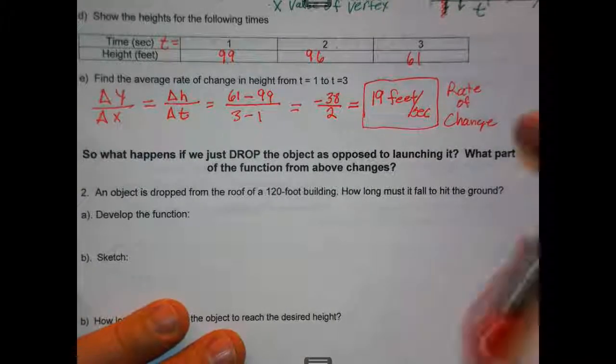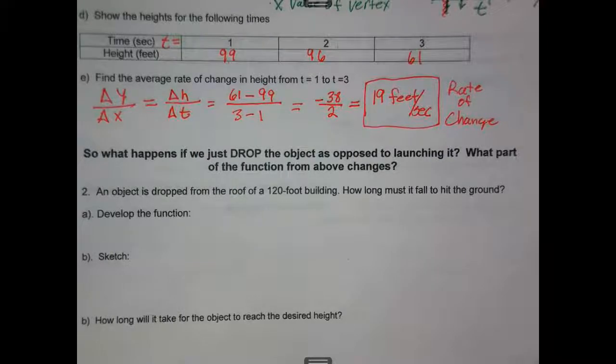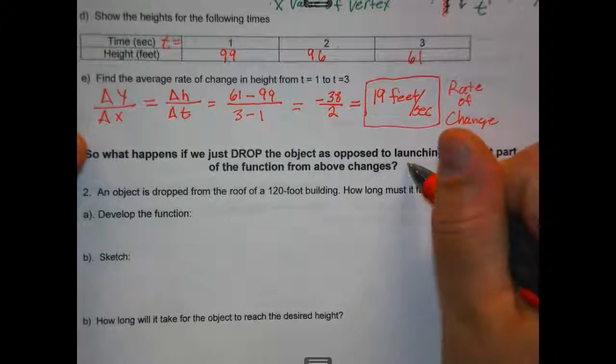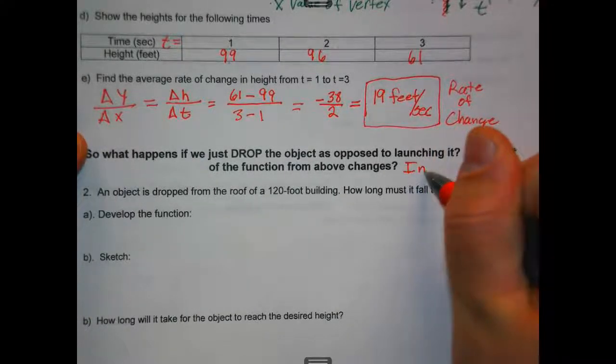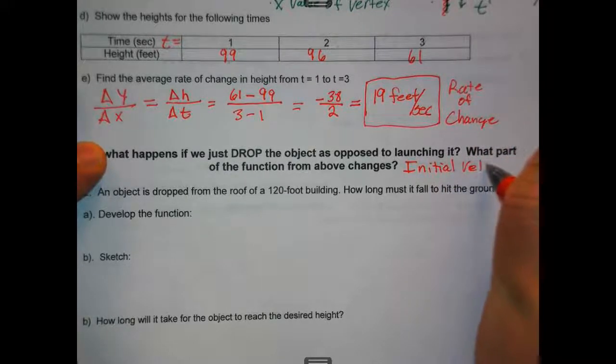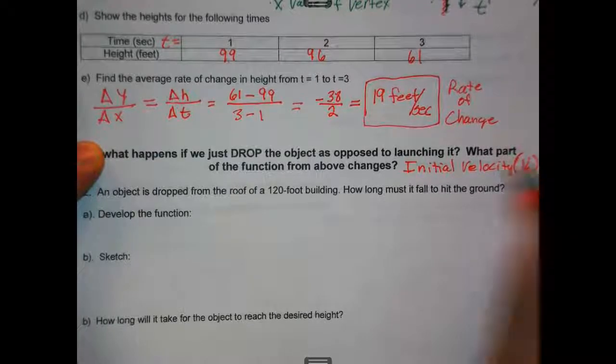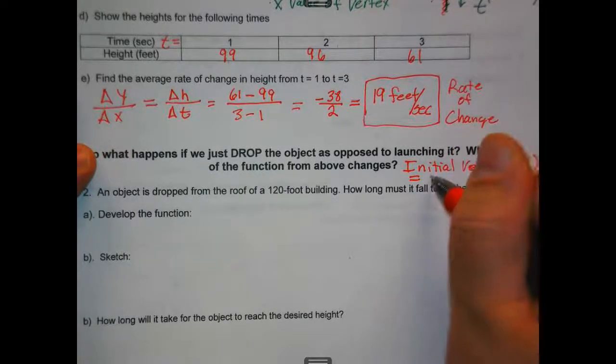That's right. Our initial velocity here, if I'm holding a pumpkin outside the building, what's the initial velocity? 0. So the initial velocity, designated by v naught or v sub 0, is equal to 0.